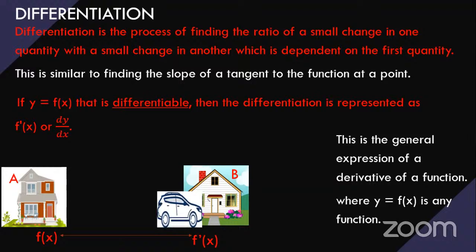That means the derivative of that function where the car was standing, f of x, tells us about the instantaneous rate of change of the car, which we now say is f prime x. This is also similar to finding the slope of a tangent to the function at a point.